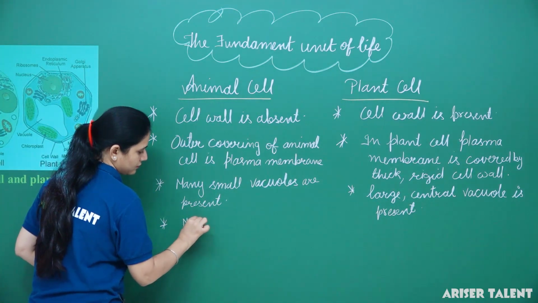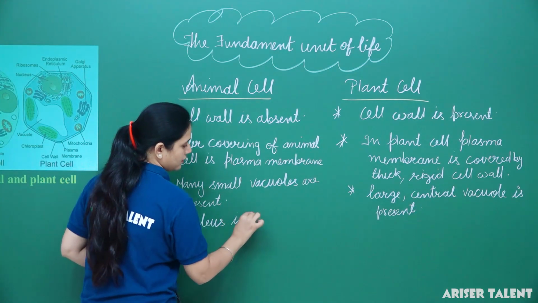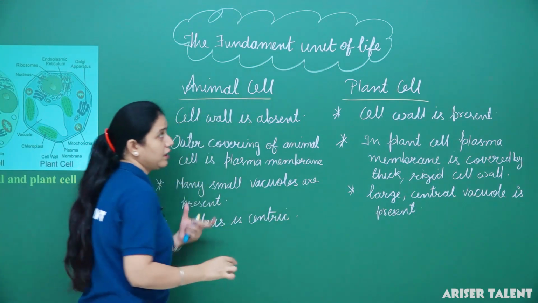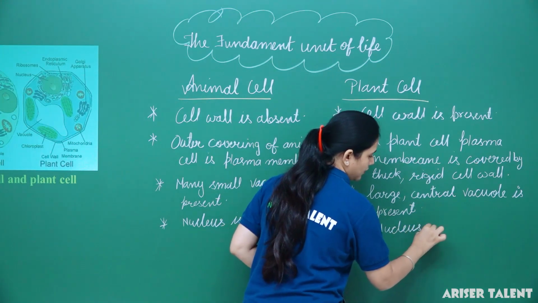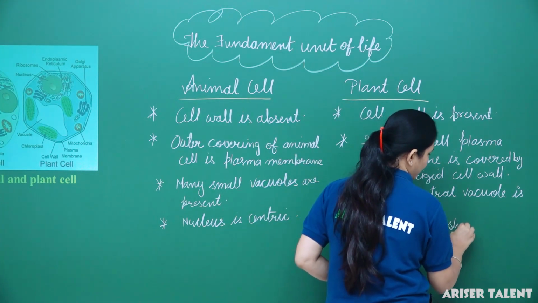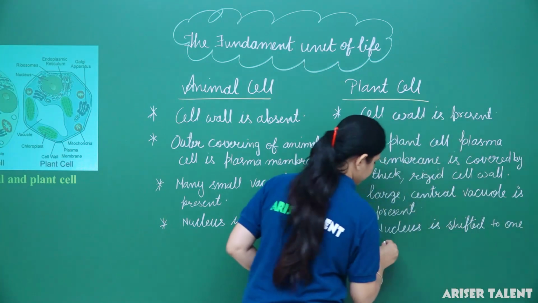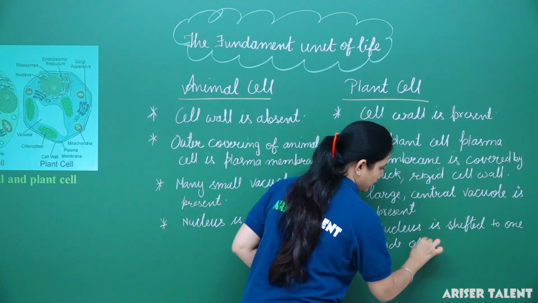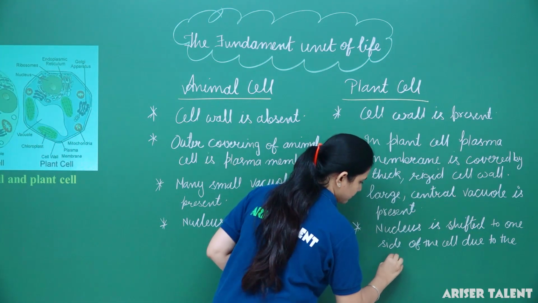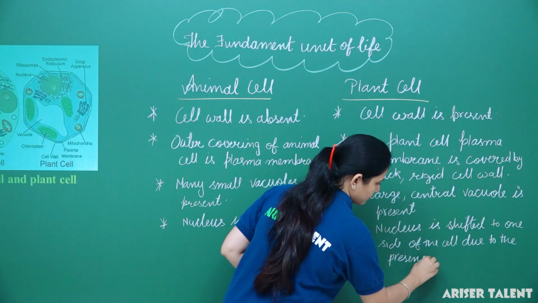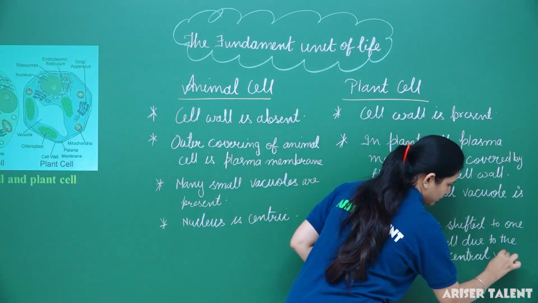Nucleus. In animal cell, nucleus is centric, and here in the plant cell, nucleus is shifted to one side of the cell due to the presence of central vacuole.